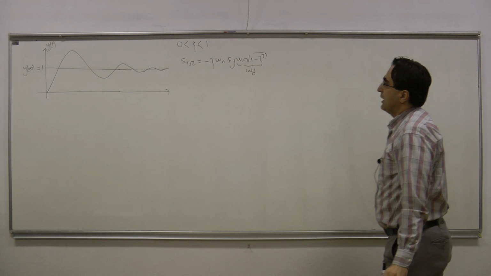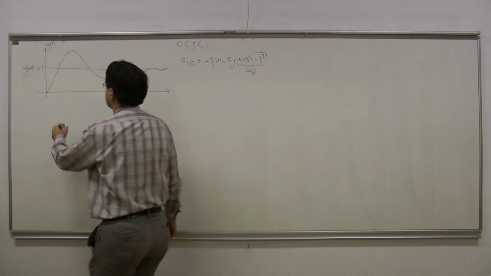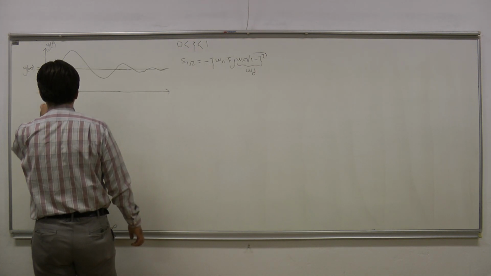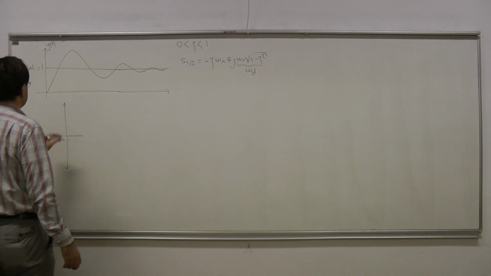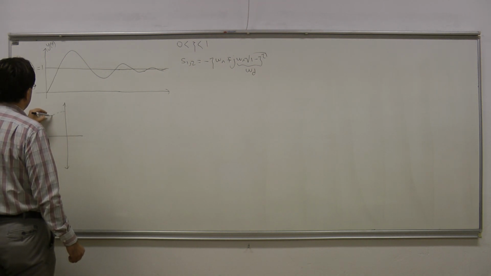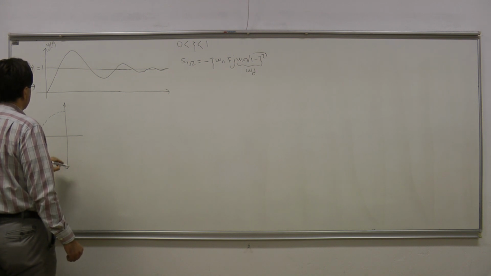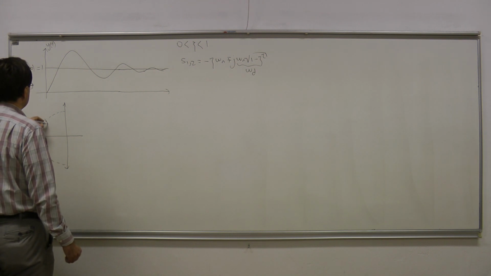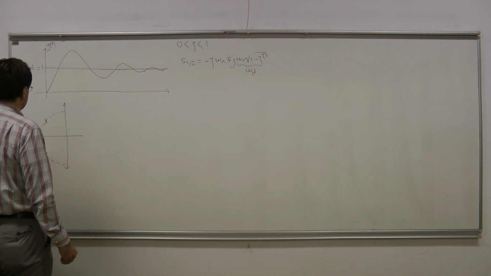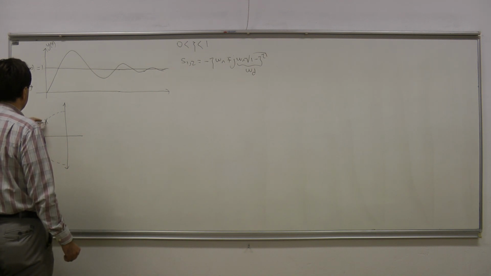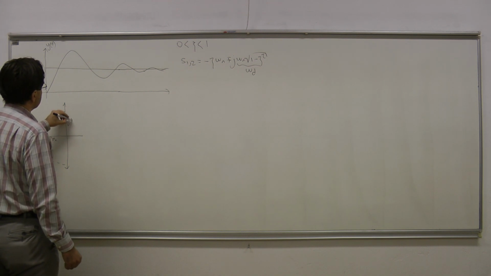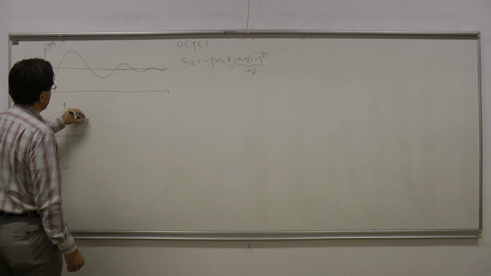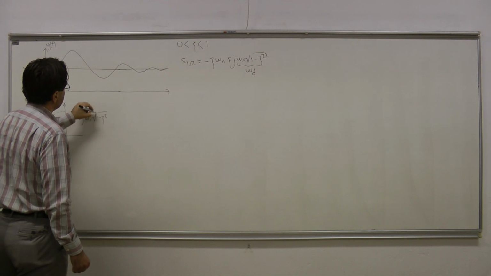All right? If I draw the closed loop pole locations here, there is no loop, but I'm still calling the poles closed loop poles. So we have this circle with radius omega n, and our roots are always on this circle. The real parts are equal to minus psi omega n, and their imaginary parts are j omega d, or j omega n square root of 1 minus psi square.